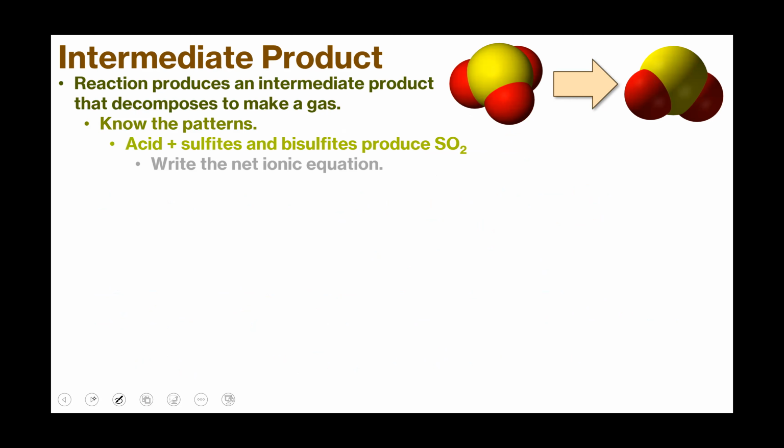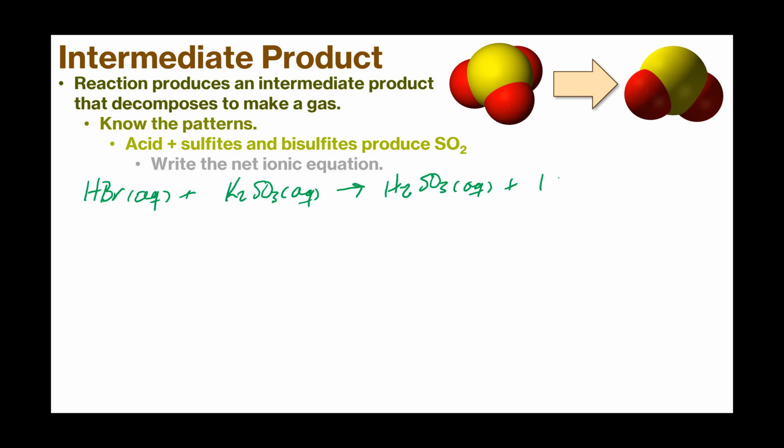Okay, let's take HBr aqueous, and we're going to react it with K2SO3 aqueous. This is going to give us an intermediate. Remember, you can use your metathesis and predict this to be H2SO3 aqueous, sulfurous acid, and we're going to have KBr, that's the salt that's left over.